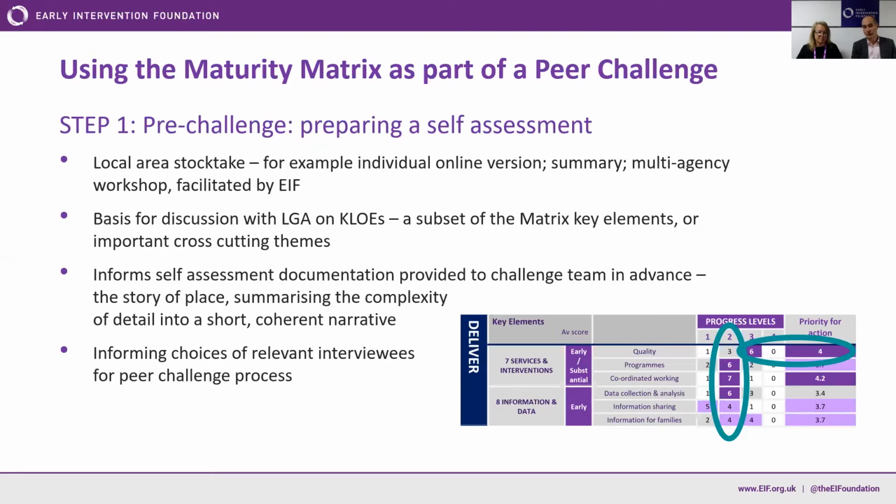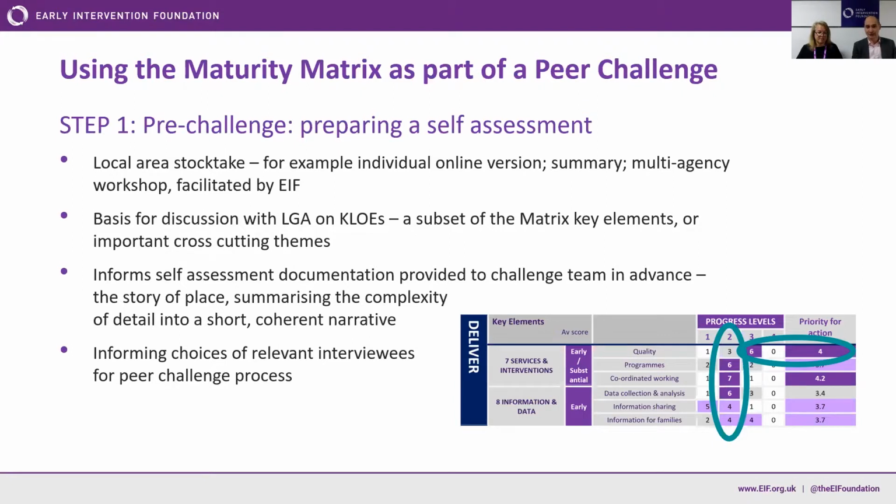And that could include accessing an online version of the maturity matrix, which is completed individually, and then leading into a multi-agency workshop. There is an offer to every local area that goes through the peer challenge process to have this stock take facilitated by EIF.